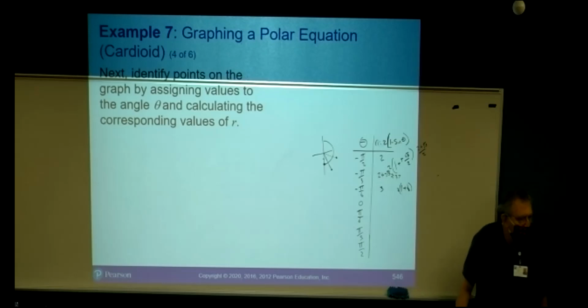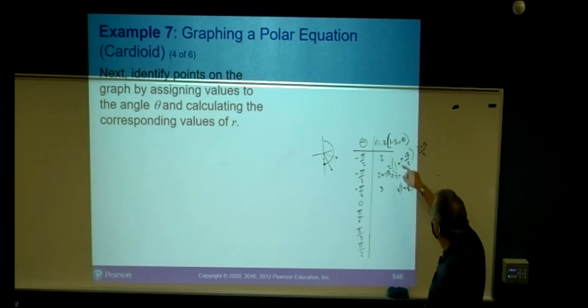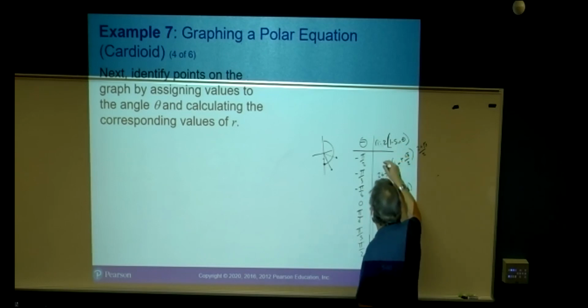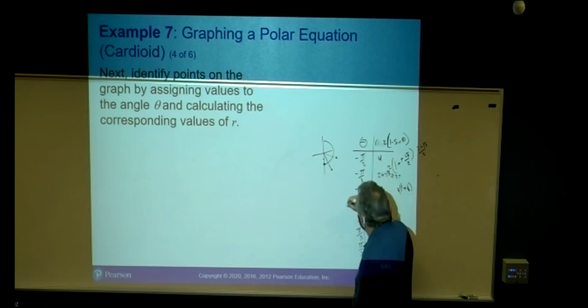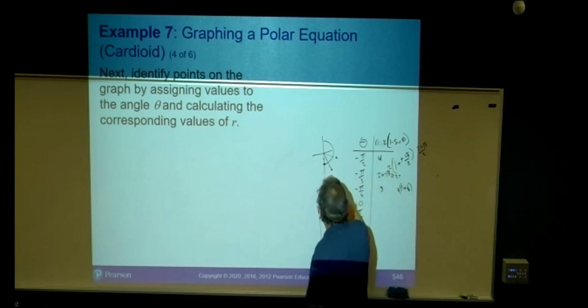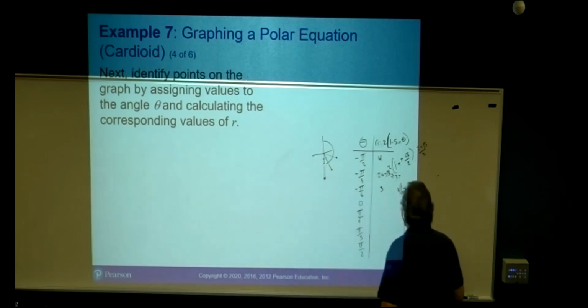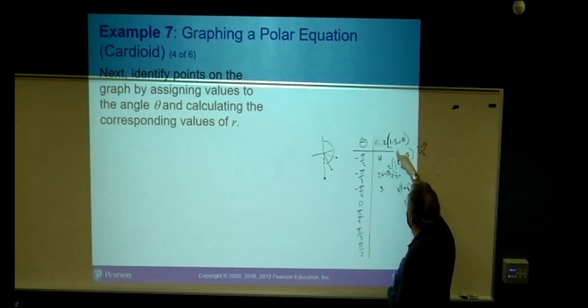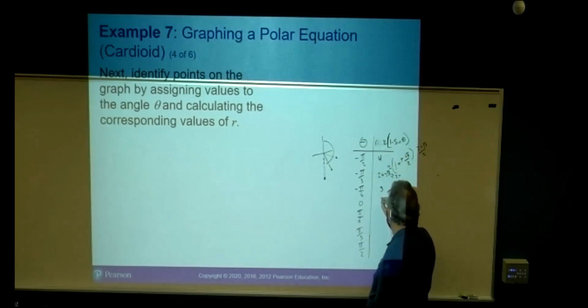Sine of pi over 2 is a negative 1. So 1 minus a negative 1 is 2, and 2 times 2 is 4. So this is 4. So it comes down here to 4. So it's not that point. And then at 0, sine is 0, and so this is 2.